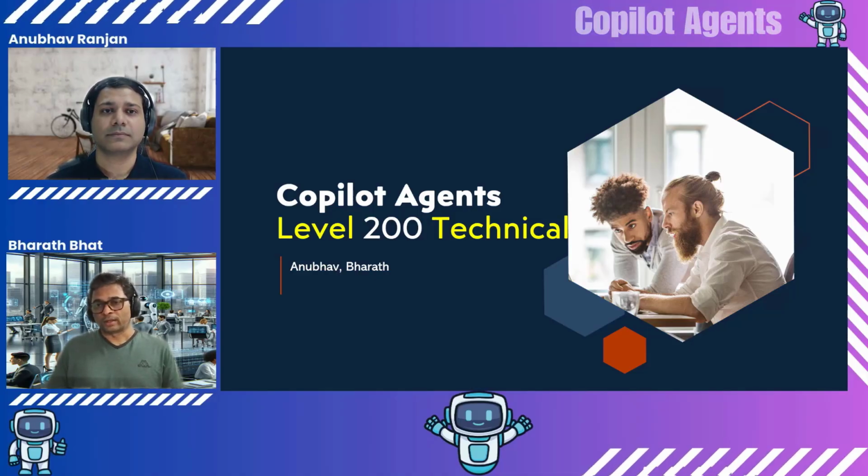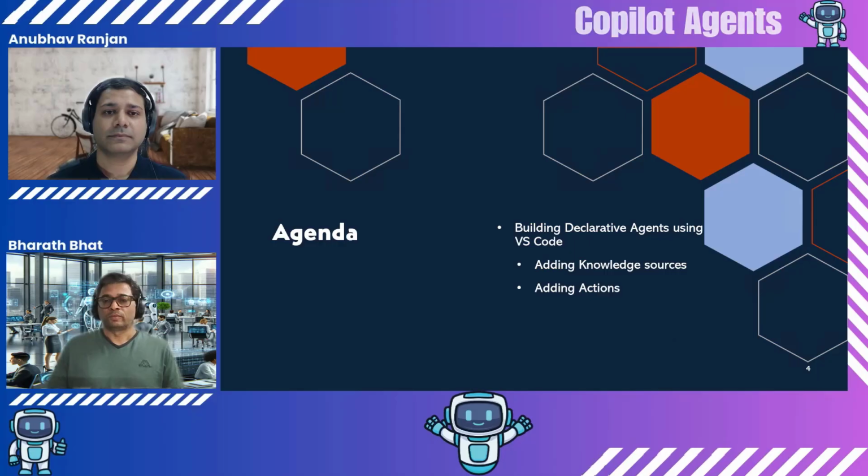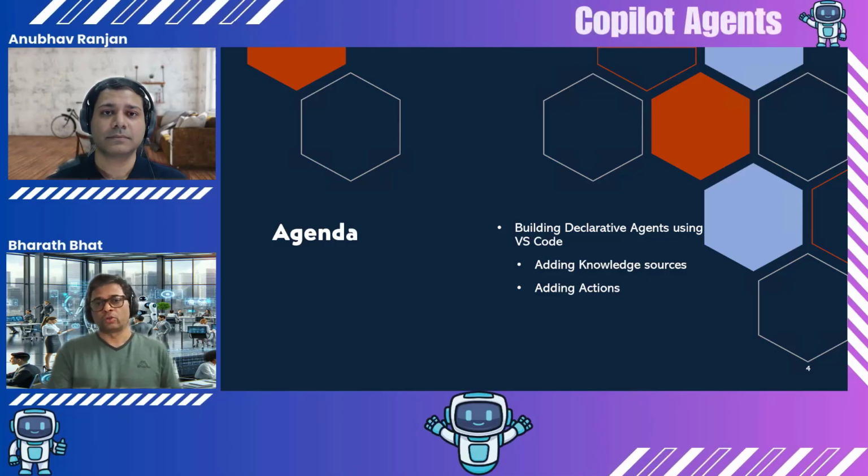Just to quickly run you through the agenda, we will be walking you through how to build declarative agents using Visual Studio Code. And we'll also be adding a couple of knowledge sources and actions. The idea is to exactly replicate building the same agent that we built in the previous session using Copilot Studio.